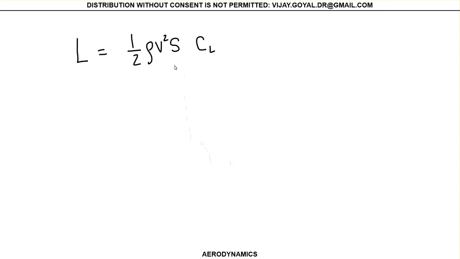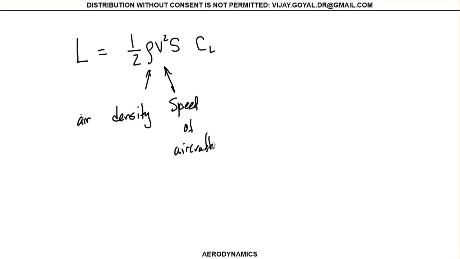Okay, and this is the density, the stream density, air density. This is the speed of aircraft, which is also the speed of the wind.